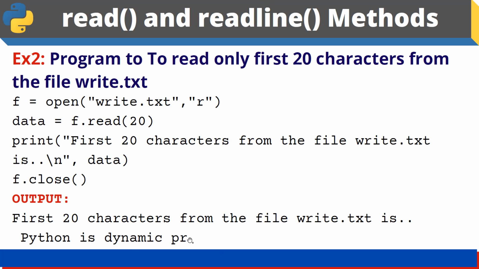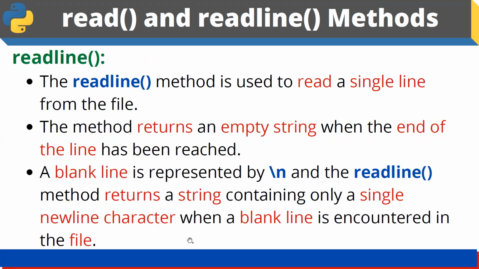Python is dynamic PR. And the next function is the readline method. The readline method is used to read a single line from the file. The method returns an empty string when the end of the file has been reached.